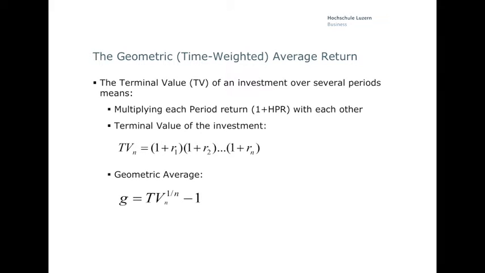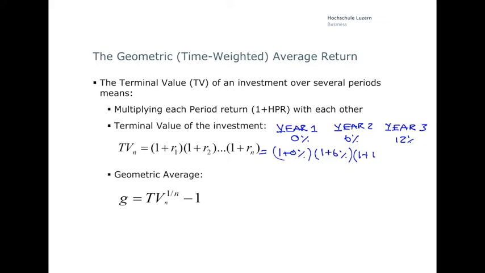The geometric time-weighted average return. Using the geometric time-weighted average return means that we multiply each period return with each other. Let's assume that over 3 years returns were 0% in year 1, 6% in year 2, and 12% in year 3.